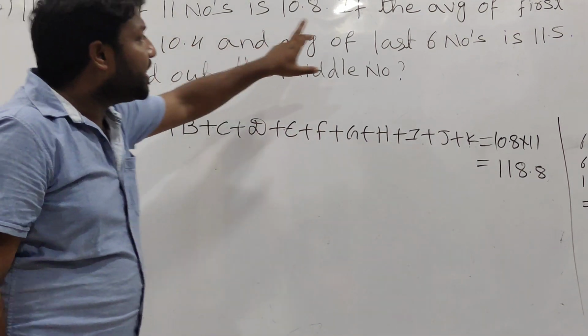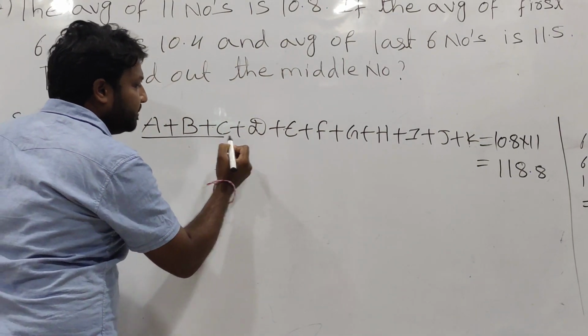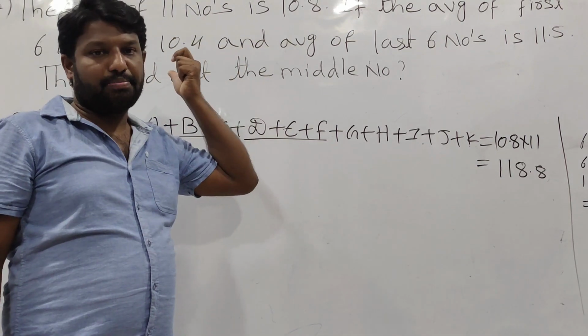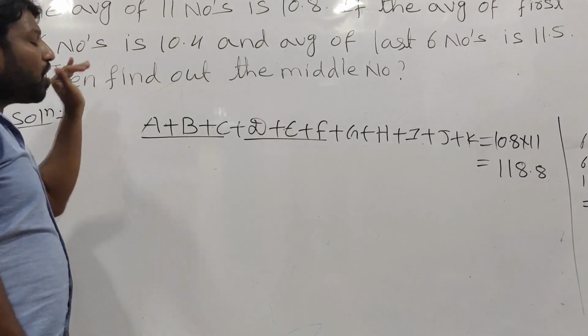Now what they have given is the average of first 6 numbers. So I am taking the first 6 numbers, A, B, C, D, E, F. The average of first 6 numbers is 10.4. Now what will be the sum?